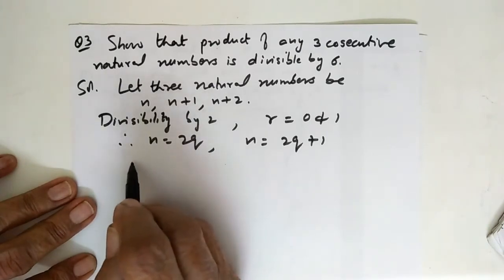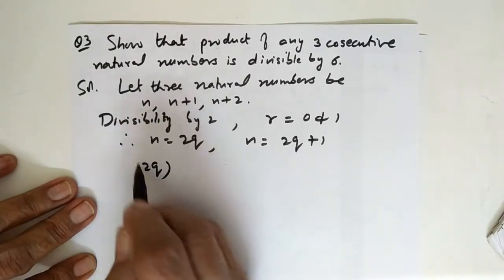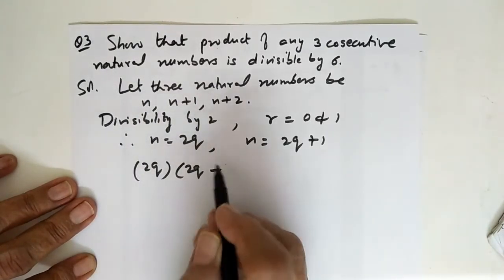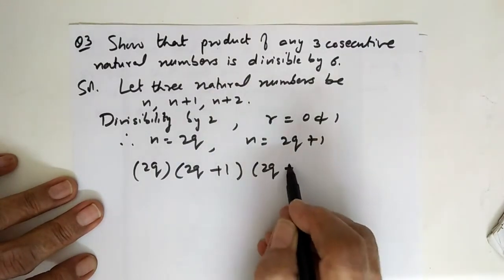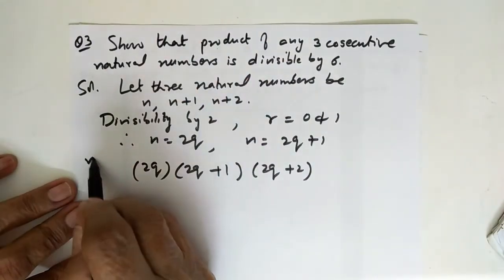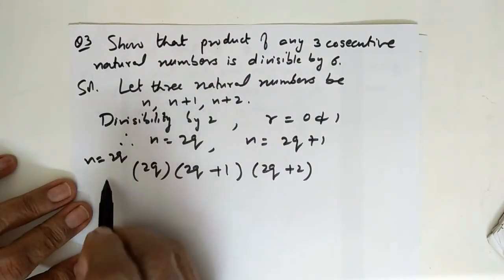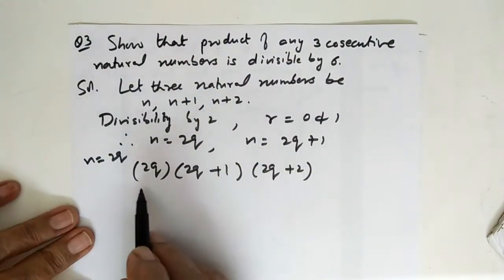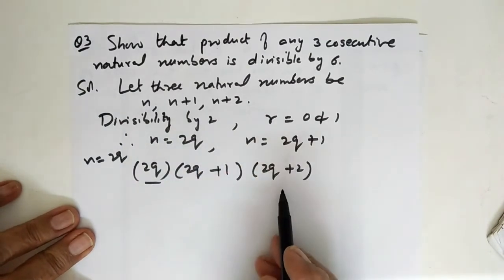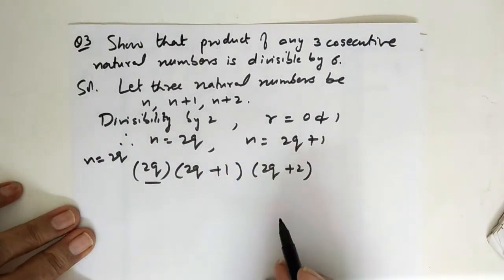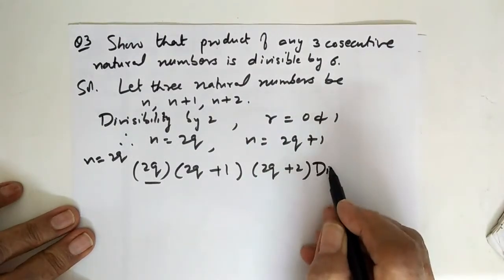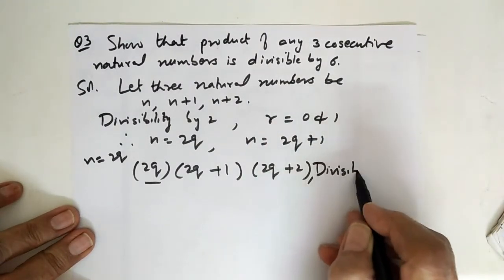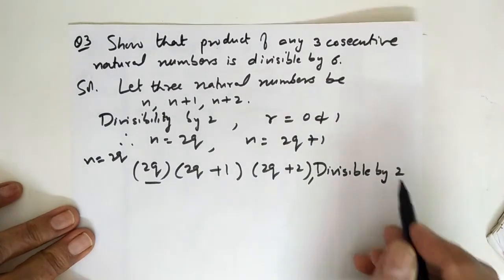So this is 2q, 2q plus 1, 2q plus 2, when n is equal to 2q. Here, since this is 2q, the product is divisible by 2.